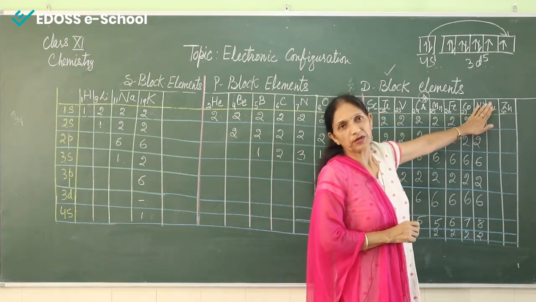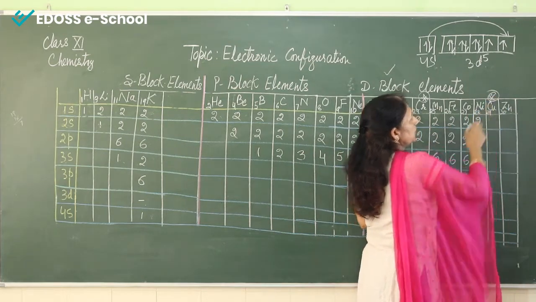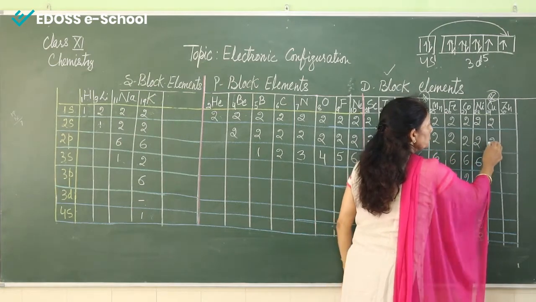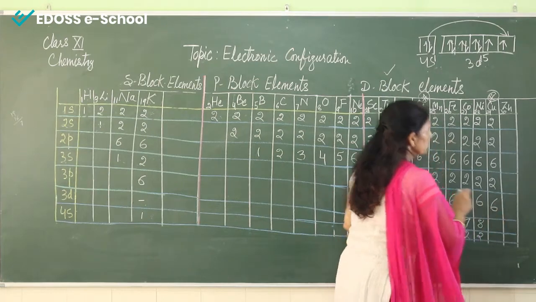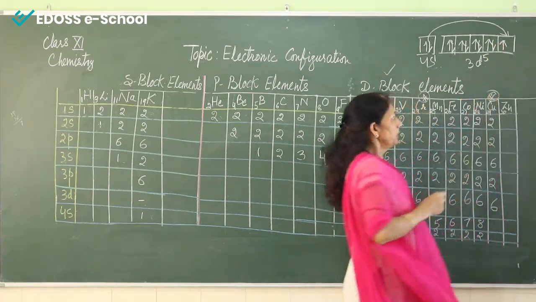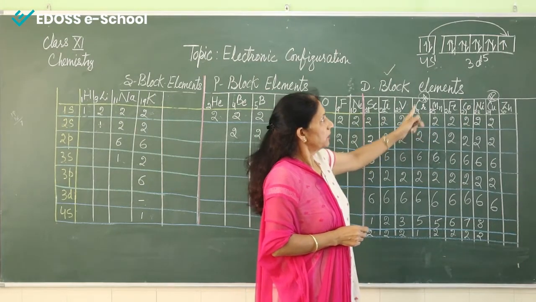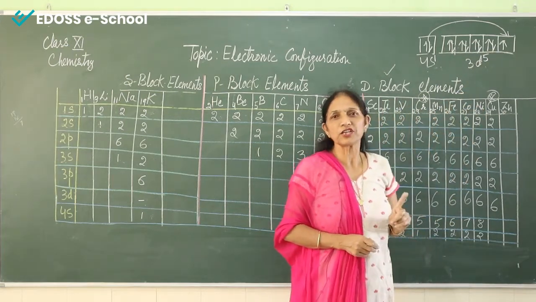Now coming to copper. Again this is an exceptional case, so be careful. Here it will be the same 1s2, 2s2, 2p6, 3s2, 3p6. Now the next electron will move here. The same case is coming as in chromium. To be completely filled, 3d is short of just 1 electron.